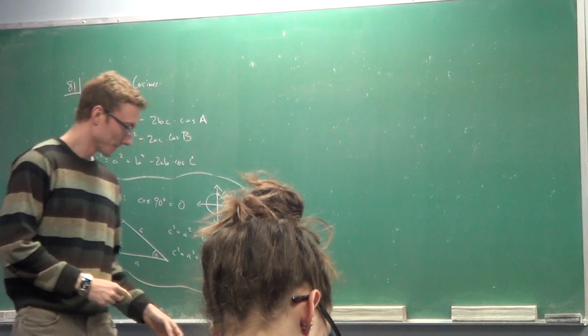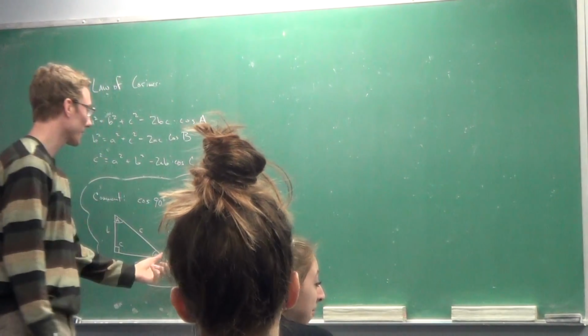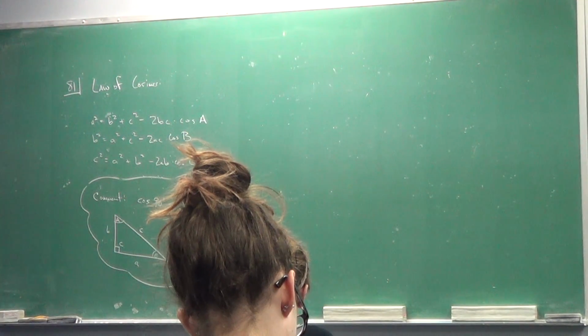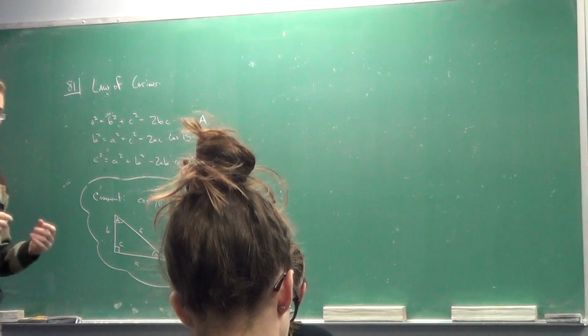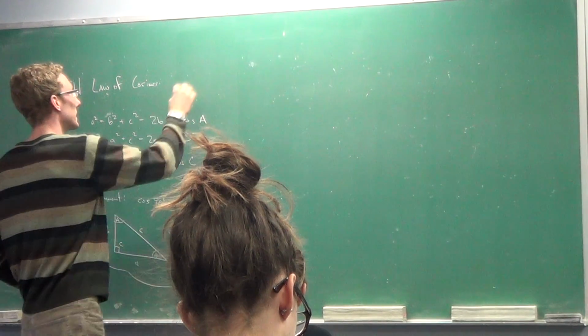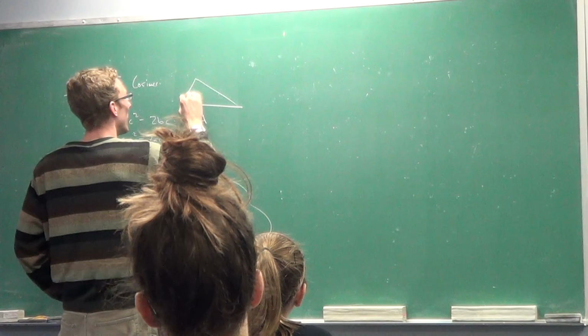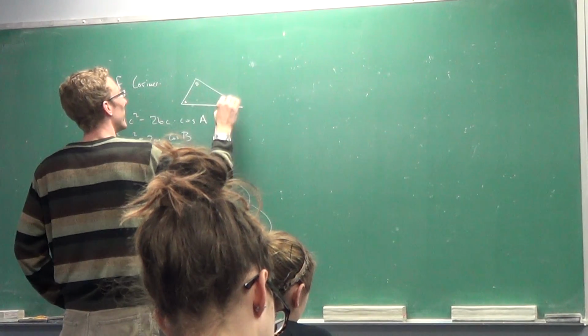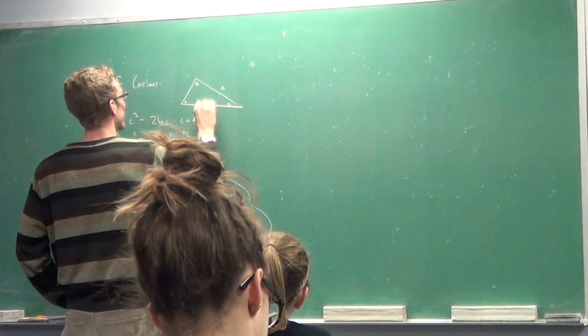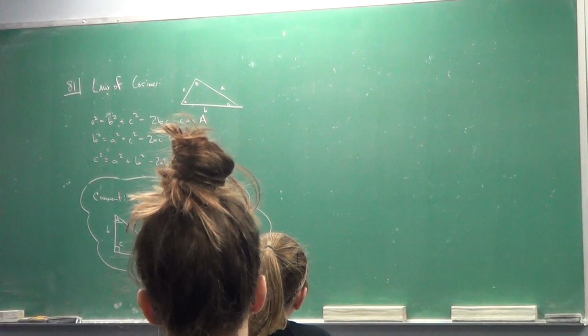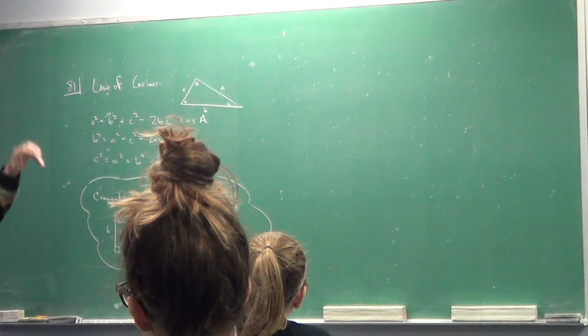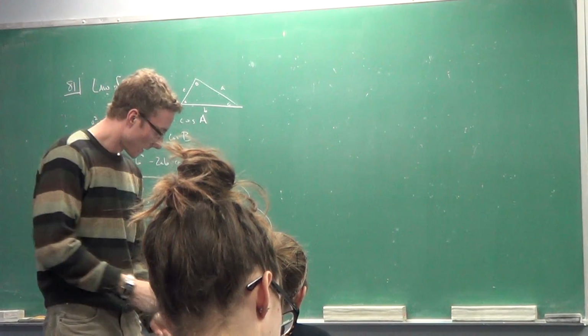Think of Pythagoras as a specific case and the law of cosines as a more general case. Because remember, law of cosines can deal with any triangle, any angles A, B, and C, and any sides A, B, and C. No restrictions. Right angles, not right angles, acute angles, obtuse angles.